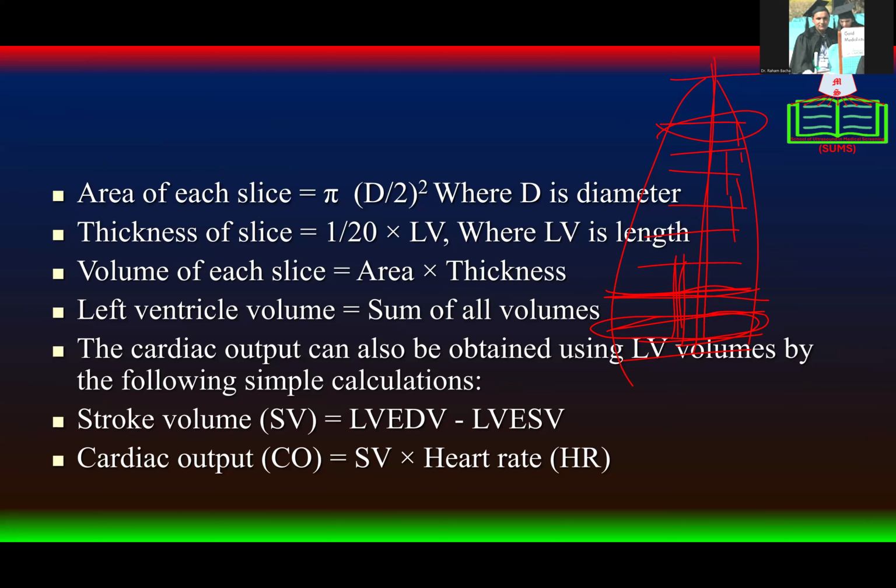And if you know the heart rate, the number of times the heart pulsates in 1 minute, and cardiac output is calculated for 1 minute, so heart rate multiplied by stroke volume will be equal to cardiac output. So you will calculate cardiac output as well.